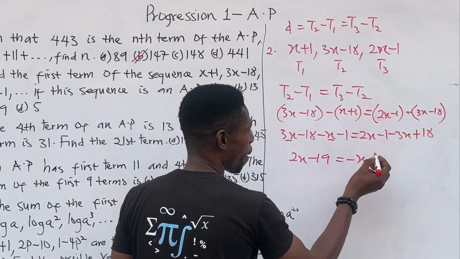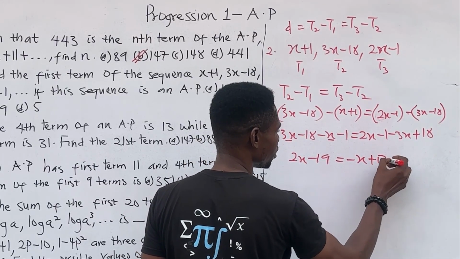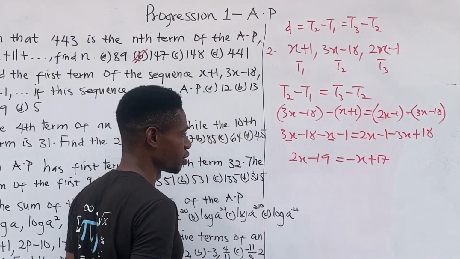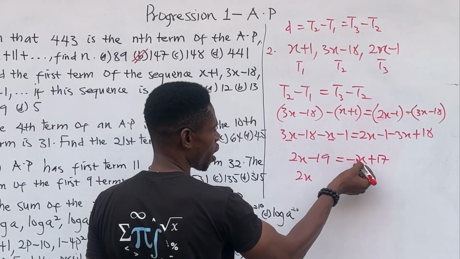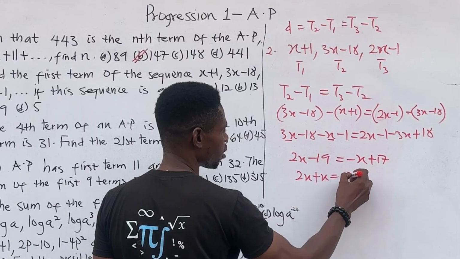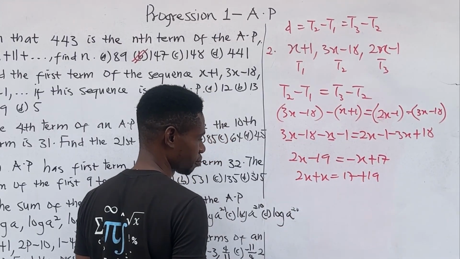So then we'll have minus 1 plus 18, that will be plus 17. Okay? So 2x, this minus 1x comes here, becomes plus 1x, equal to 17. This minus 19 becomes plus 19.